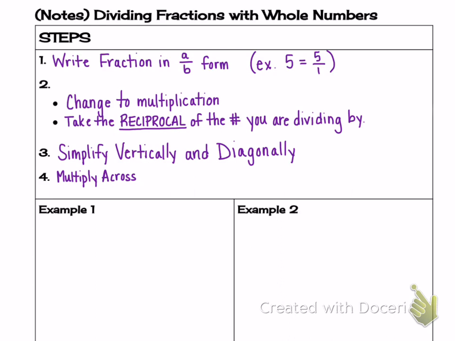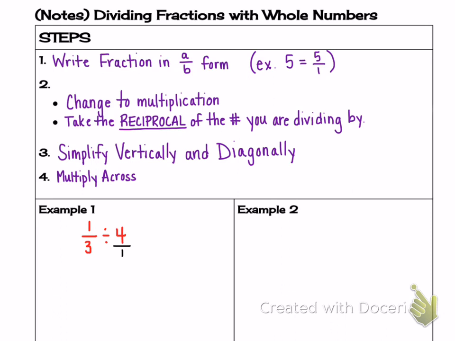We will do 1/3 divided by 4. So the first number never changes. So we have to make sure that we're keeping it as 1/3. Step 1 says to put in A over B form. So I'm going to take that 4 and write it as 4 over 1 so that I have two expressions that are in A over B form.